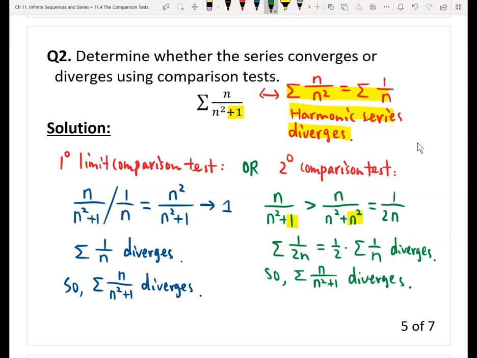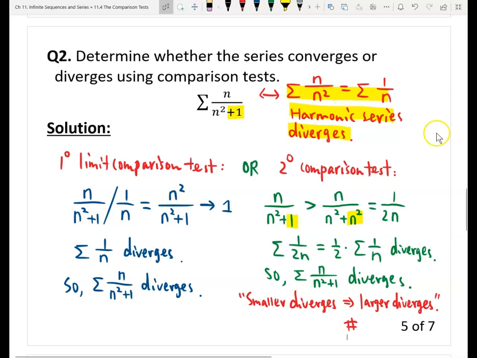It's the same, right? How did we get this? Because the smaller one diverges, so we get ours, which is the larger series, diverges too. And this is the direct comparison test, right? We get it. And here is the second question.